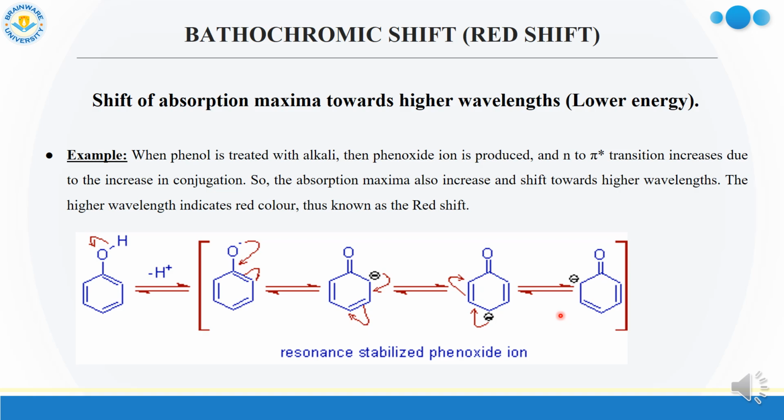That's why lambda max increases. So the shifting of lambda max from a lower value to a higher value is known as bathochromic shift or red shift. When we add some alkali into the phenolic solution, lambda max of this system will shift towards higher wavelength.